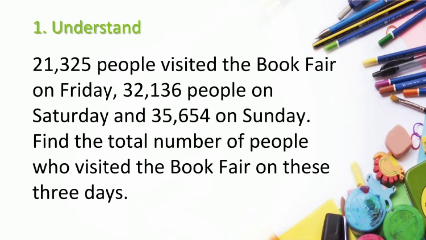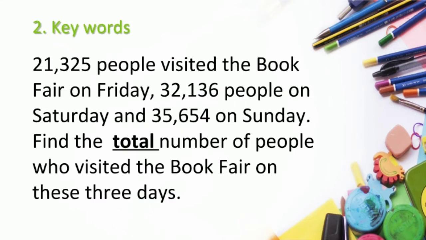First trick is understand. Read the problem, then reread it and highlight keywords and numbers. Second trick is keywords. Now, what is the question asked here? Find the total number of people who visited the book fair on these 3 days. Total means addition.